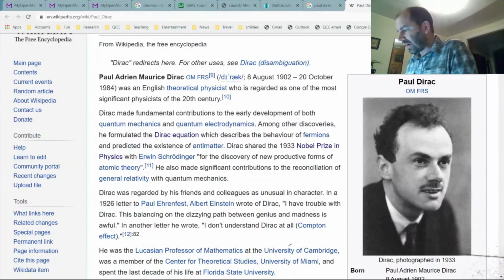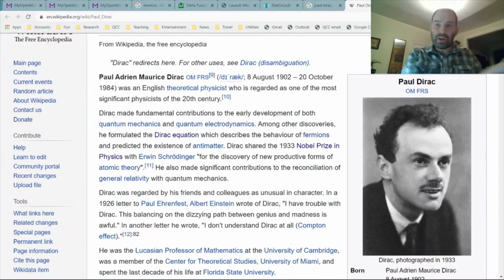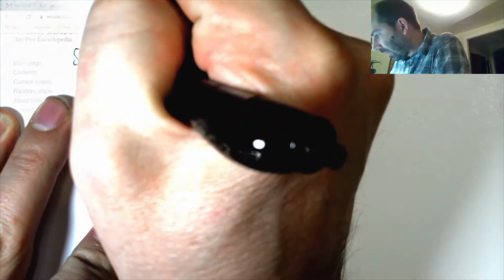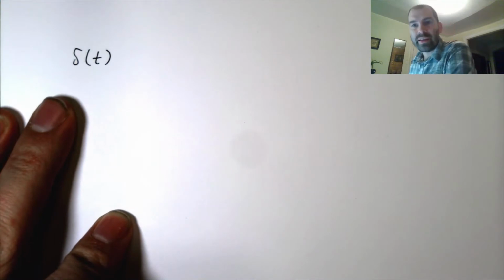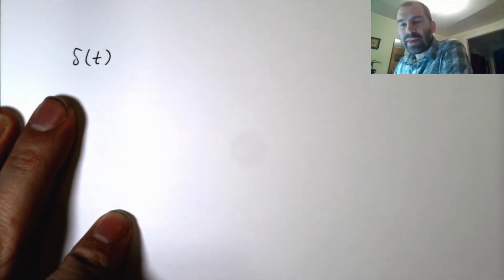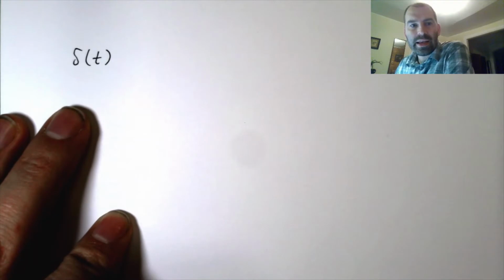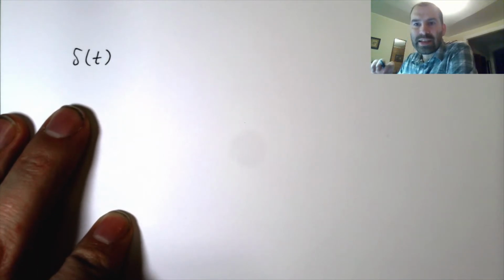Well, the Dirac delta function is denoted by the Greek letter delta. Right? So the way to express it is like this. And the way we think about this is as if it represents an infinite spike at zero.